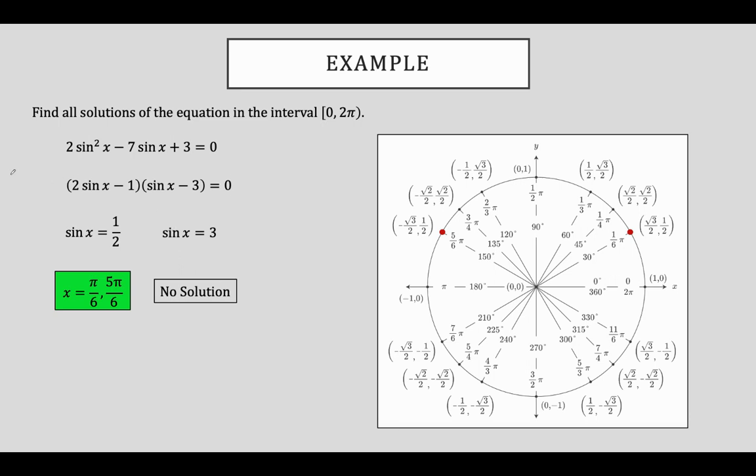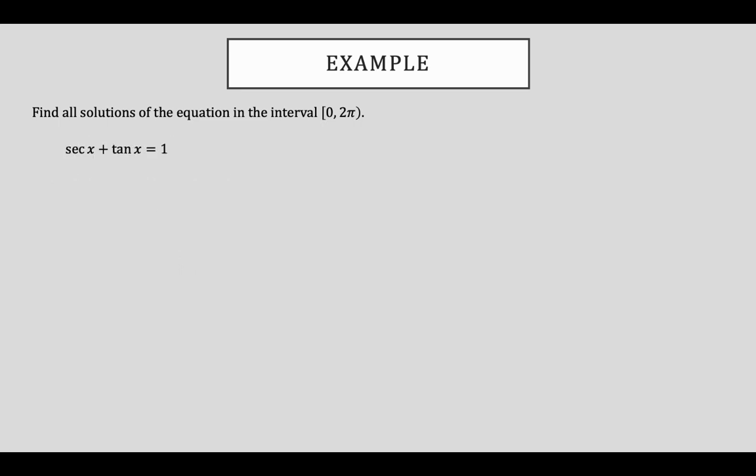Let's look at another one here. We now have secant x plus tangent x is equal to 1. So this one's tricky. We've got two separate trig functions, secant x plus tangent x.